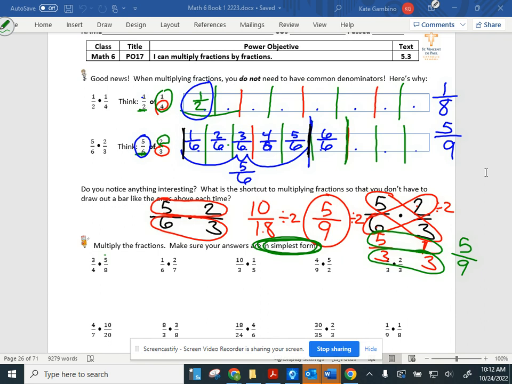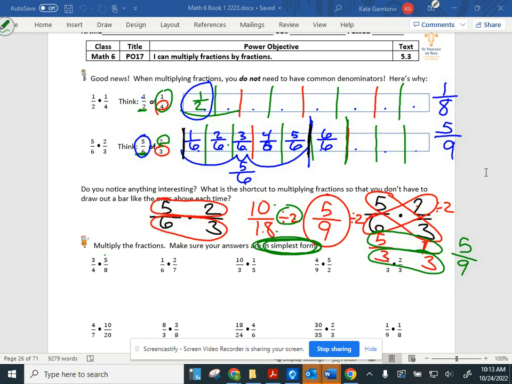I can divide a 2 out of both top and bottom. It has to be the same scale factor. You can't just say, oh, I can divide a 5 out of the 10, I can divide a 9 out of the 18. No, it has to be the same number, same scale factor you're dividing out of both the top and the bottom.